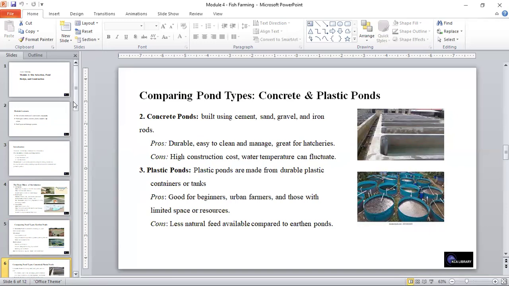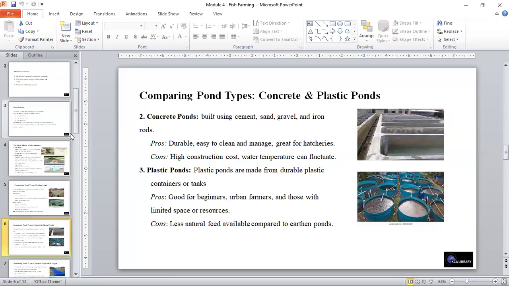Comparing pond type number 2, we have the concrete and the plastic ponds. The concrete ponds are built with cement, sand, gravels, and iron rod, a well-structured pond. And the pro is that it is durable, easy to clean and manage, and it is very great for hatcheries.